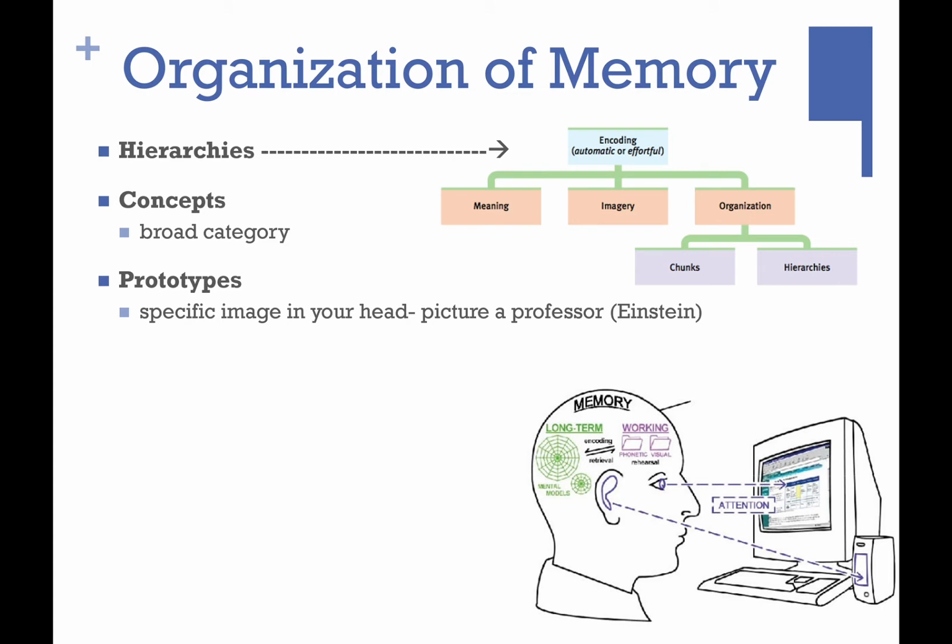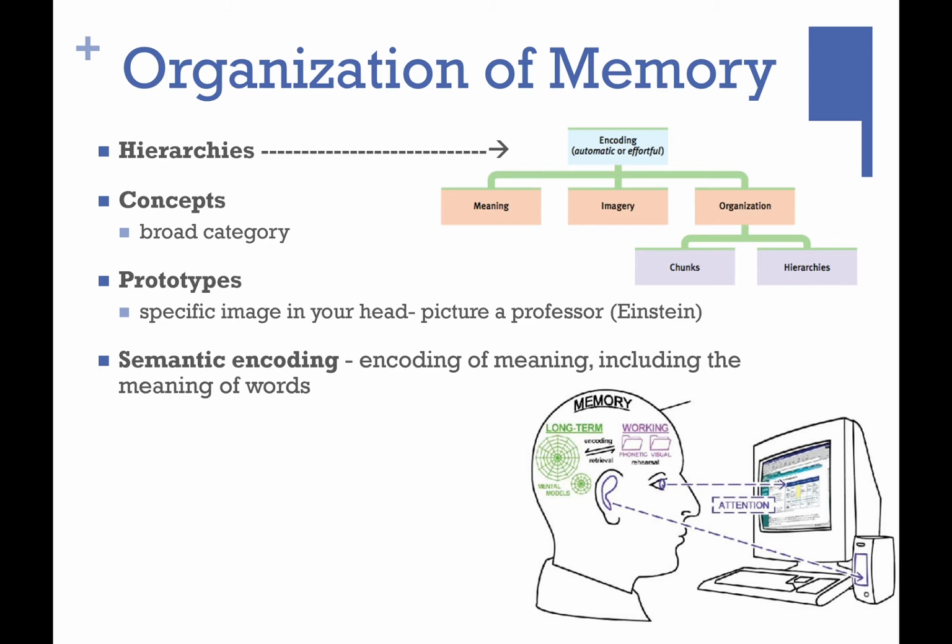So again, a prototype would be something that your brain defaults to, either because of previous experience or because of one massive experience. For whatever reason, your prototype in various concepts is the most readily available image that comes to mind. And the example given is if you are told to think of a professor and you write down Einstein, that's a prototype. That might be the term that comes to mind, or that you learned a topic with, a concept with.